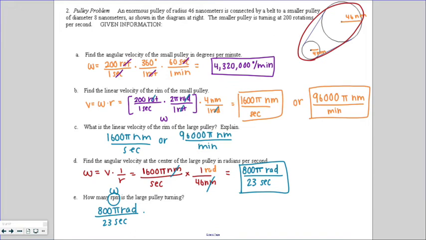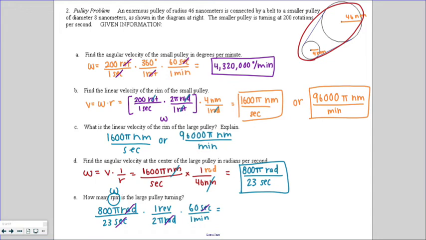Okay, so I'm going to do that quickly. Radians to revolutions. 1 revolution is 2 pi radians, and then 60 seconds is 1 minute. The radians cancel, the seconds cancel, we're left with revolutions per minute, which is what we want. Okay, so what happens there?